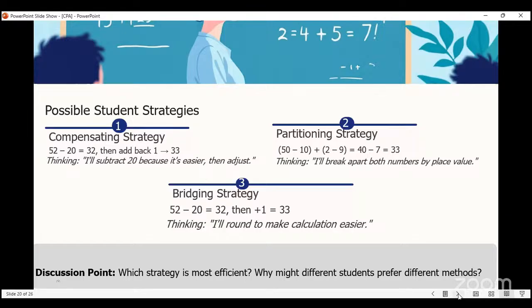Then you add back the one you took away, which gives you 33. Beautiful. I can see responses are still coming in. Well done.